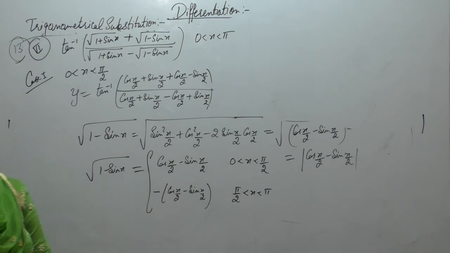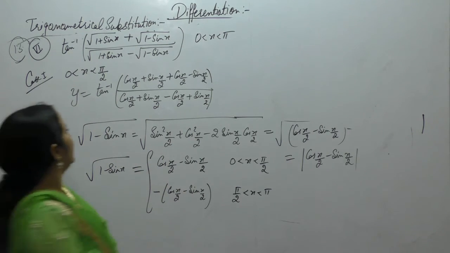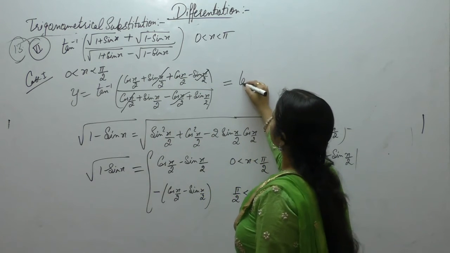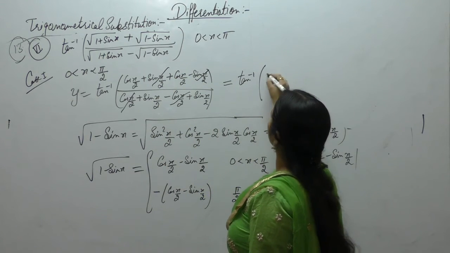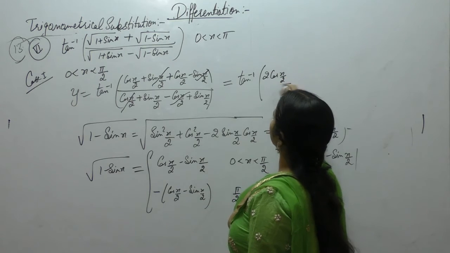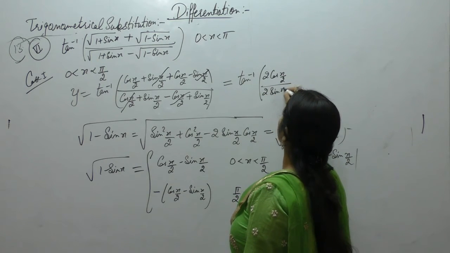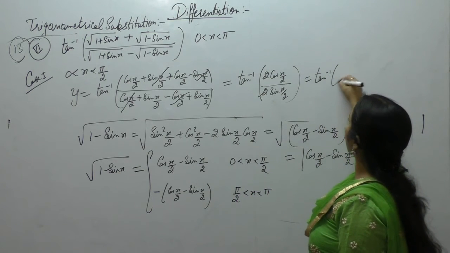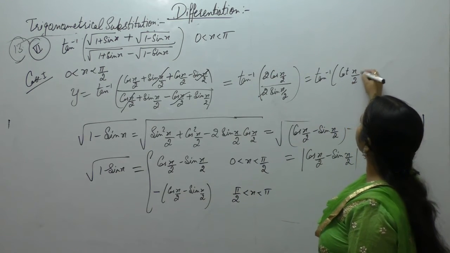Is it clear up to here? What we get? Sin will get cancelled, cos will get cancelled. So tan inverse 2 cos x by 2 upon 2 sin x by 2, tan inverse cot of x by 2.